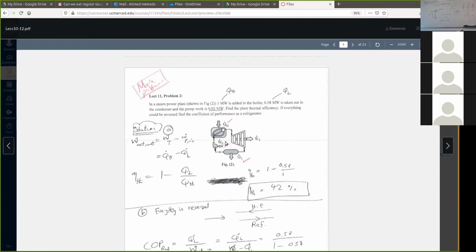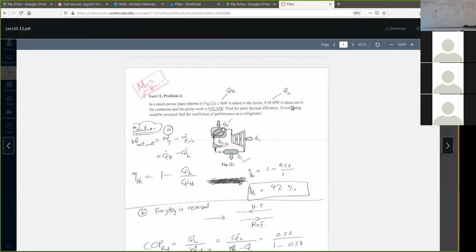Find the plant thermal efficiency, eta thermal. Then, if everything is reversed, find the coefficient of performance of a refrigerator. The first was a power plant, meaning a heat engine: Q high goes to the heat engine, which dumps Q low and delivers W net out.